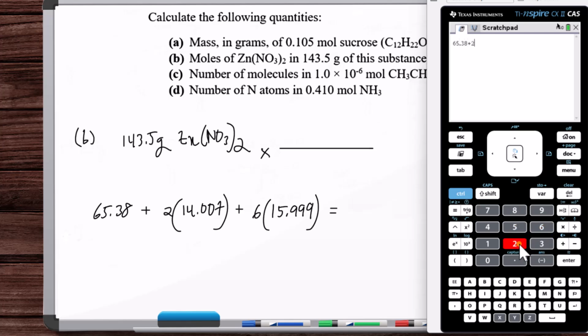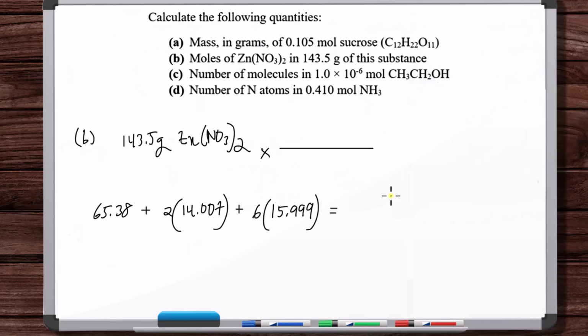That gives 189.388. So for every 189.388 grams of zinc(II) nitrate, there's 1 mole of zinc(II) nitrate units.